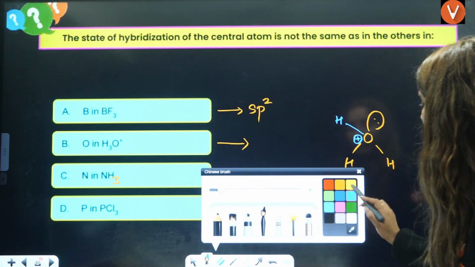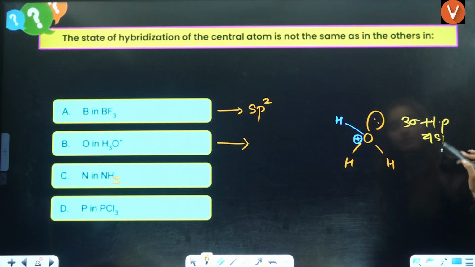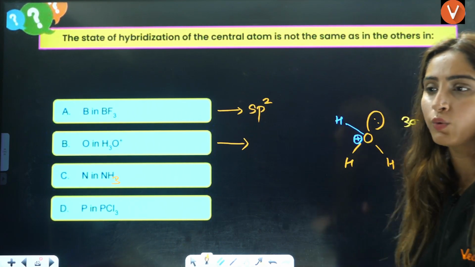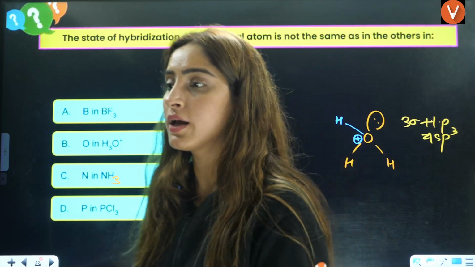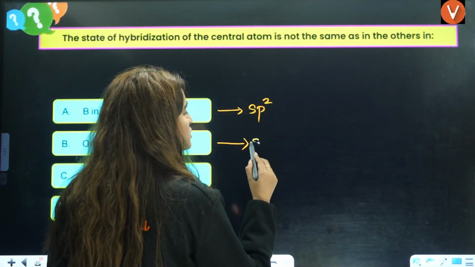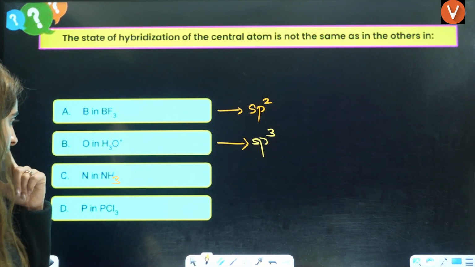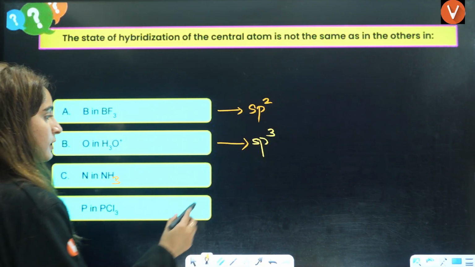In this case, what you will have in the end is 3 sigma plus 1 lone pair. That means it is eventually going to be sp3 only, because one lone pair is occupied in bonding with hydrogen, right? So it is going to be sp3. Here in this case, it is going to be again sp3, right?